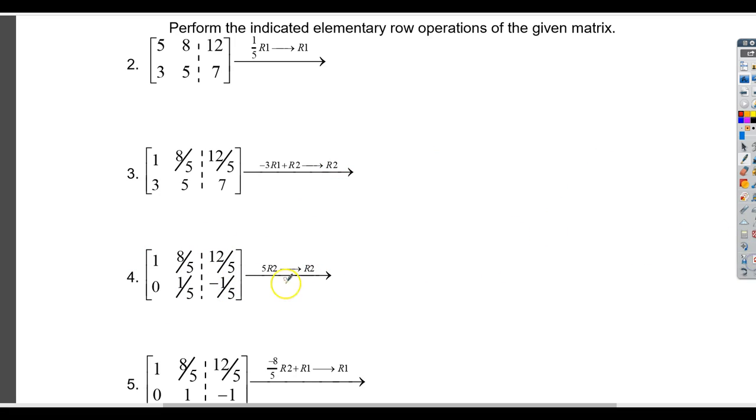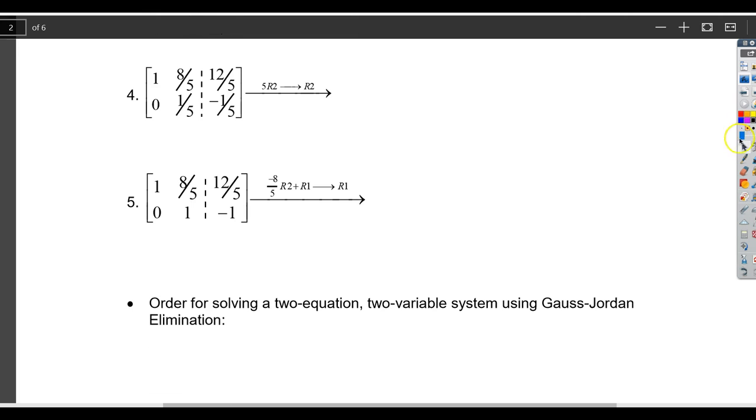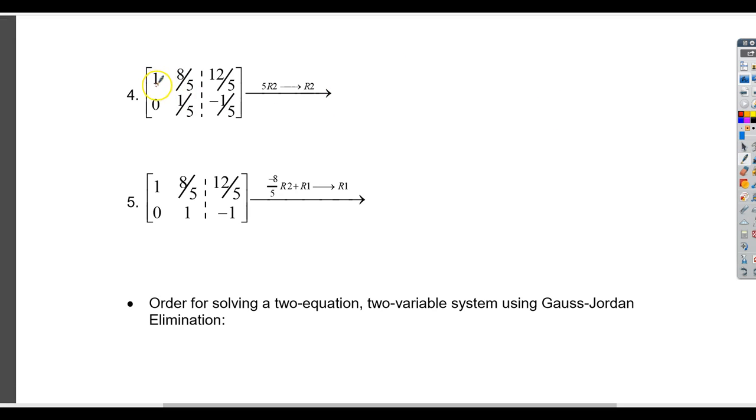Alright, number 4 says multiply row 2 by 5 and leave it in row 2.